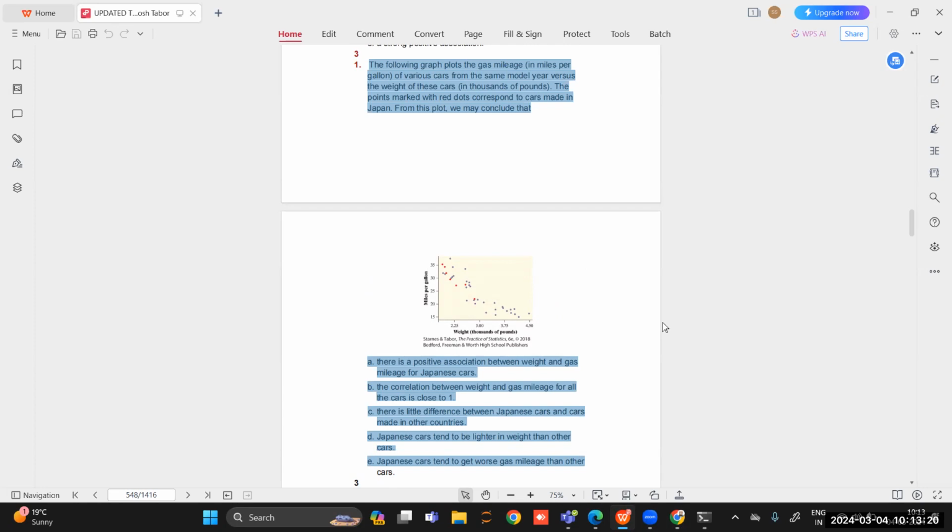The weight gets lighter if you use less gas. Wait a minute, I'll read the question. The following graph plots the gas mileage in miles per gallon of various cars from the same model year versus the weight. So it's E: Japanese cars tend to get worse gas mileage than the other cars. Correct.